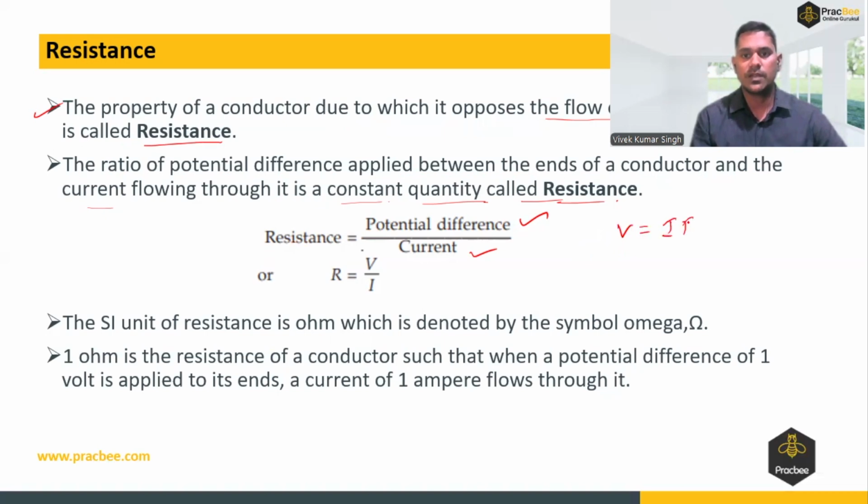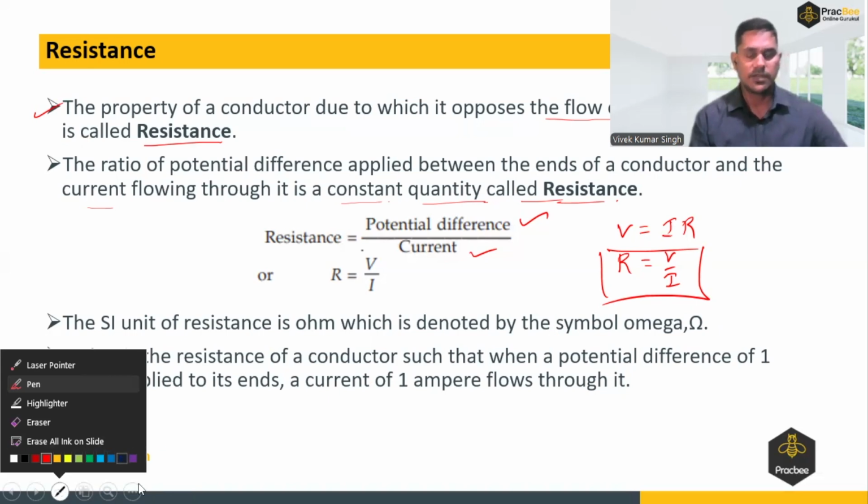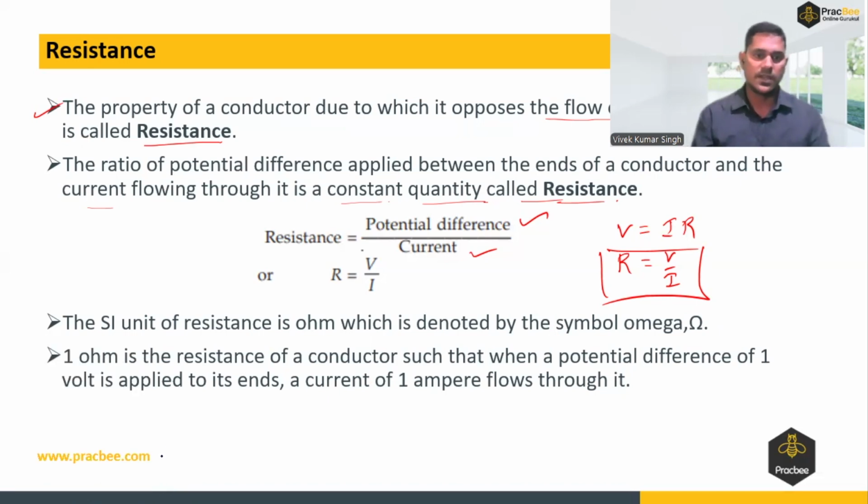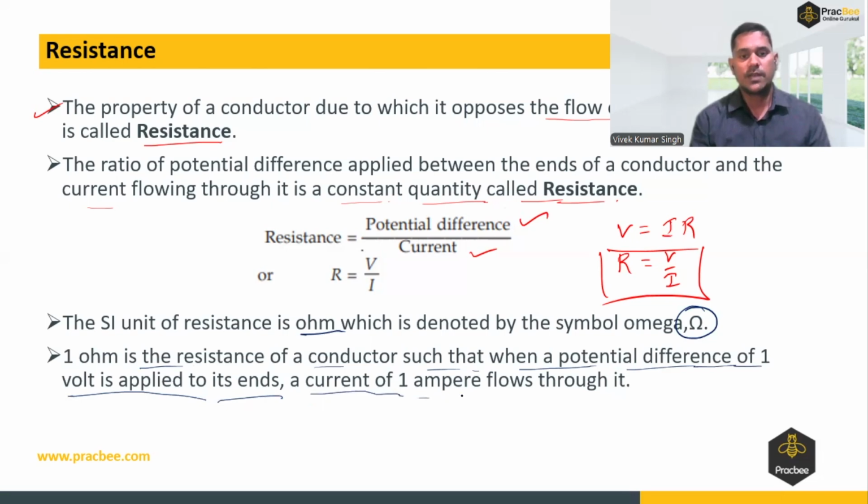V is equal to IR, so R is equal to V over I. The factors on which resistance depends are the geometrical structure, that is shape and size, length, cross-section area, and it depends upon material and temperature as well. The SI unit of resistance is ohm, denoted by omega, and 1 ohm is the resistance of a conductor such that when a potential difference of 1 volt is applied to its ends, a current of 1 ampere flows through it.